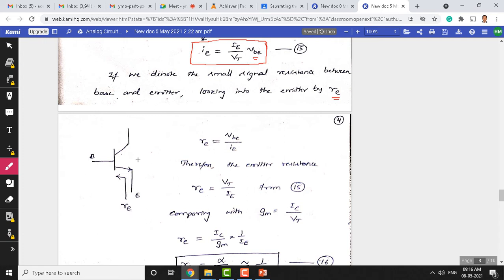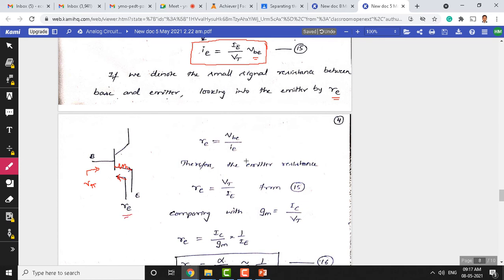It is the same resistance; it all depends on which side you observe it. When we observe from the base side, the resistance is called r pi. When we observe from the emitter side, as the arrow mark indicates, the resistance is denoted as re. Again, this is an internal resistance, therefore we denote it with small r, small e.